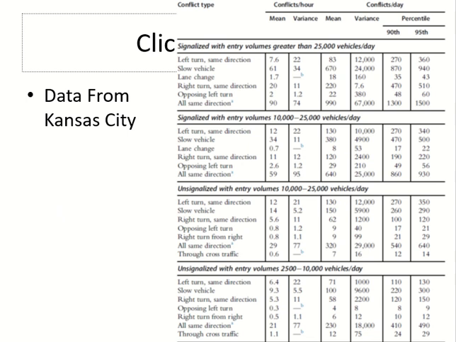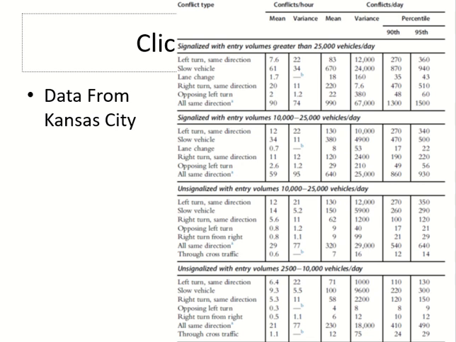Okay, so you can see some conflict groups, some reference groups here. This data is from which reference group? Signalized, entry volume more than. Okay, so this is one reference group.